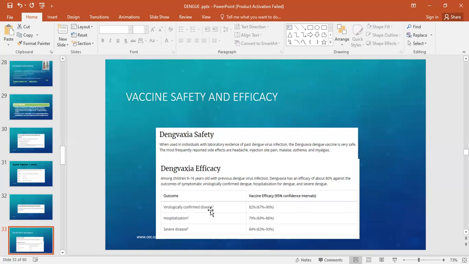For virologically confirmed disease, the vaccine efficacy is almost 82%, in hospitalization cases the efficacy is 79%, and in severe disease the efficacy of the vaccine is 84%.